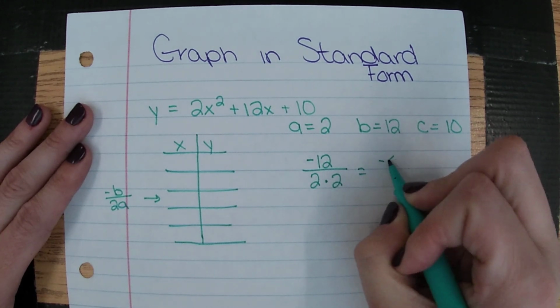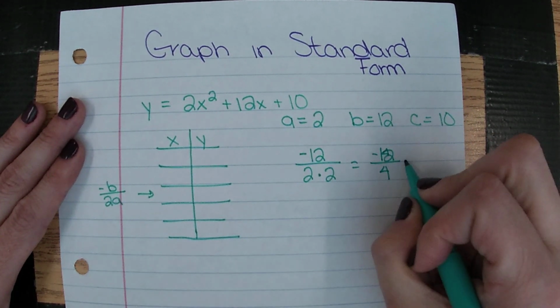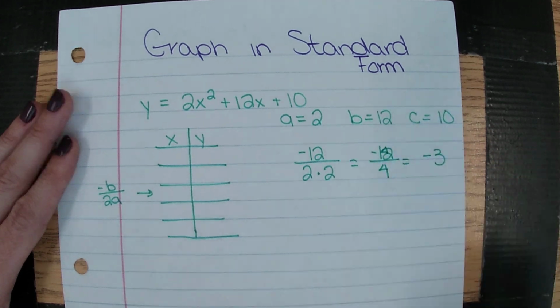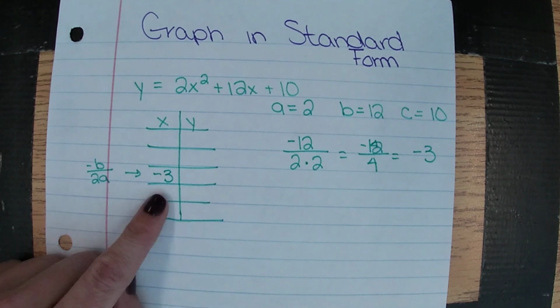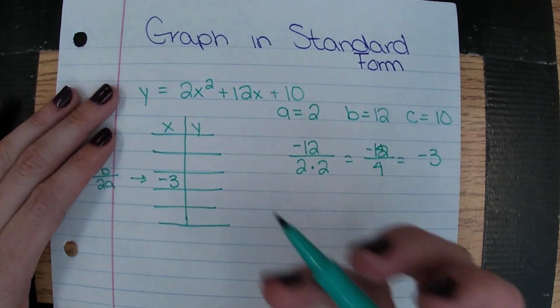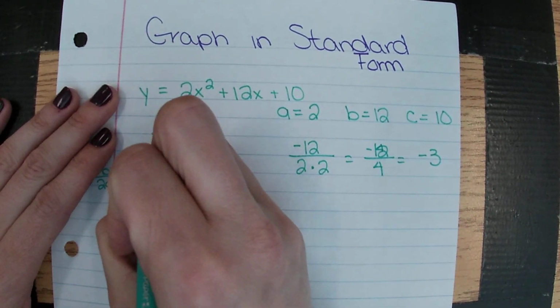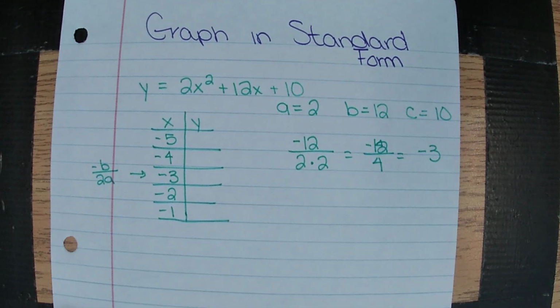So now we have negative 12 over 4. And negative 12 divided by 4 gives us a negative 3. So over here in the middle of our table, we are putting in negative 3. And then just like before, we're going to count up and we are going to count down. So nothing different there. So negative 4, negative 5, negative 2, and negative 1.